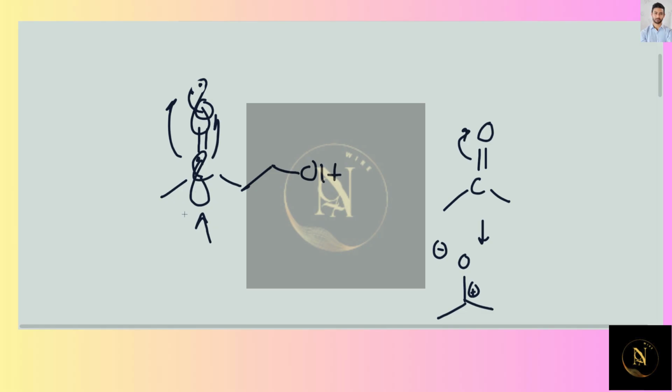Also consider that when we draw the resonance structure, we've got this positive charge here, indicating that the balance of electrons is much more heavily favored for oxygen.